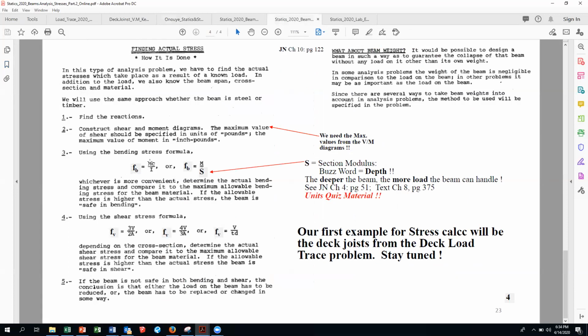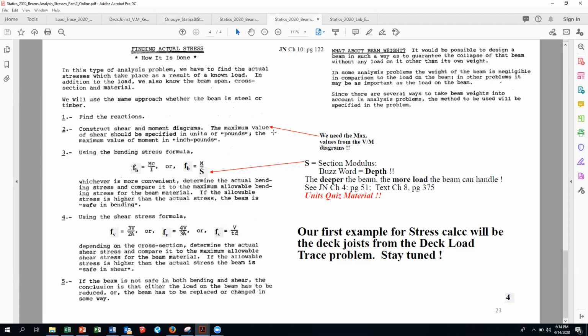M is what? Maximum moment. C is the distance from the center of the beam to the extreme fiber, and I is the moment of inertia. But we're going to cheat a little bit, and we're going to call it M over S. And S is called the section modulus.